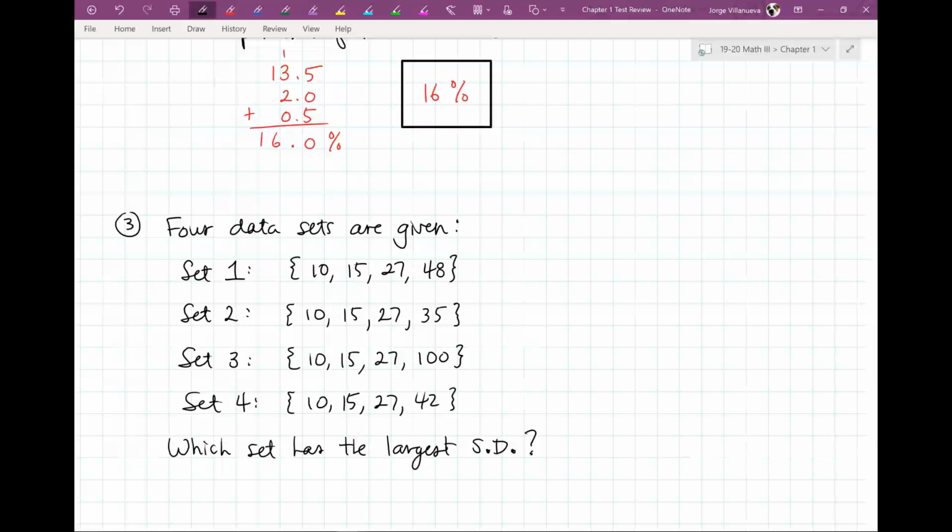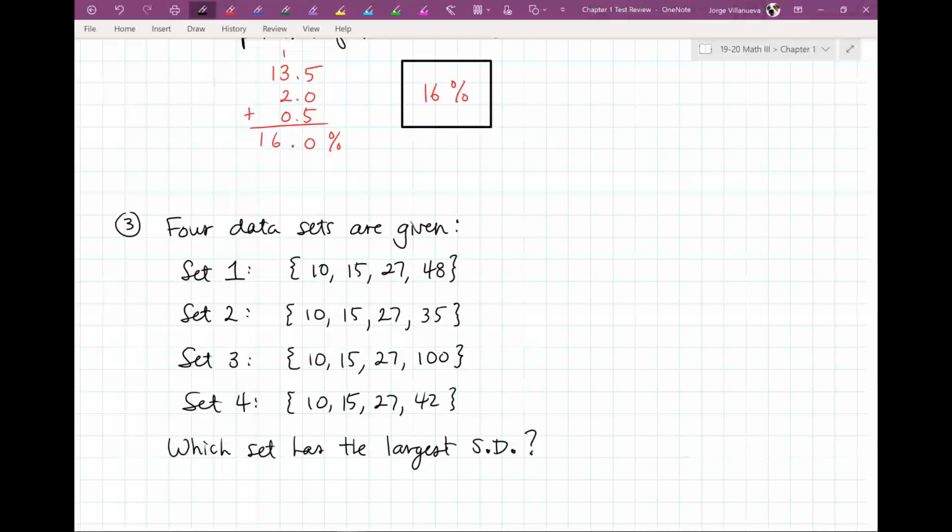3. Why 3? 27 to 100 is a lot. Yes, notice how the first 3 numbers in all the sets are the same, but then one goes 27 to 48, the other 27 to 35, 27 to 100, and 27 to 42. If standard deviation is all about how close the points stick together, set number 3 is pretty far apart.